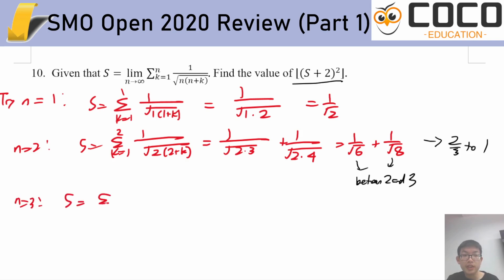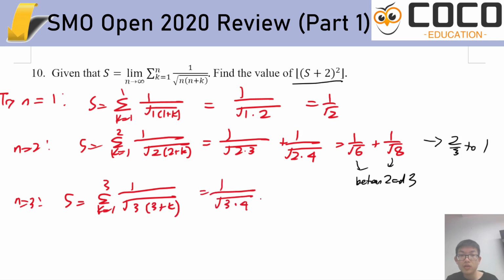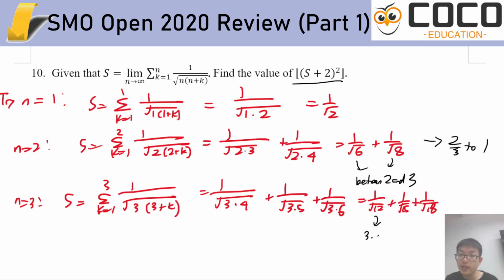If I take 3, now this is 3 point something, this is 3 point something, this is 4 point something. Again, you can roughly estimate that it is somewhere between 3/4 to 1.